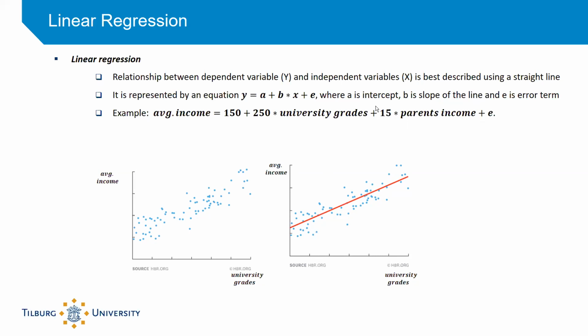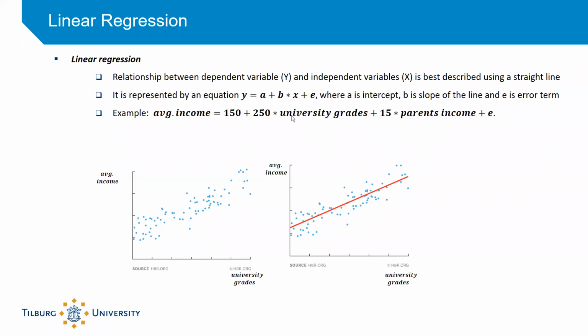In our case, we are just concerned about the university grades. Parent income is a confounding factor, so we do not consider it. We are assuming it's kept constant and we will leave it out. We will use it, of course, as a control variable in our model, but in our interpretation, we are not really bothered about it. We are not trying to infer anything from this variable. We are just interested in this.